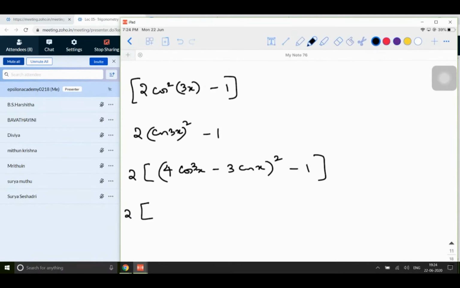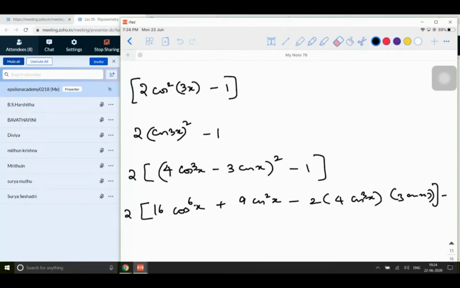So a minus b the whole square is 16 cos power 6x. Correct? So a square plus b square is 9 cos square x minus 2 into a into b. This whole thing minus 1. Is it right? Minus 1.